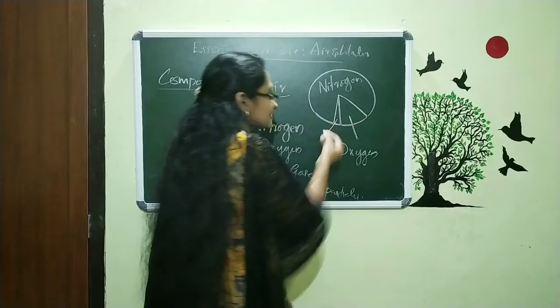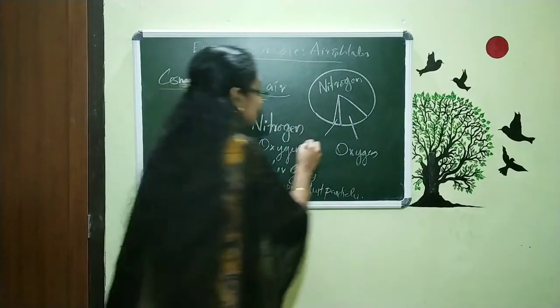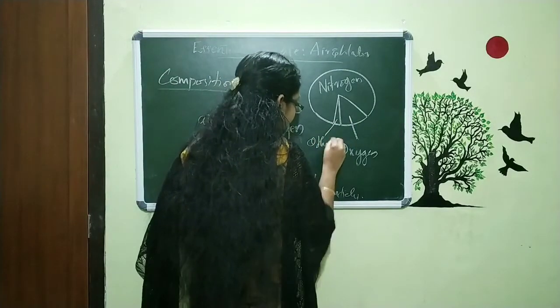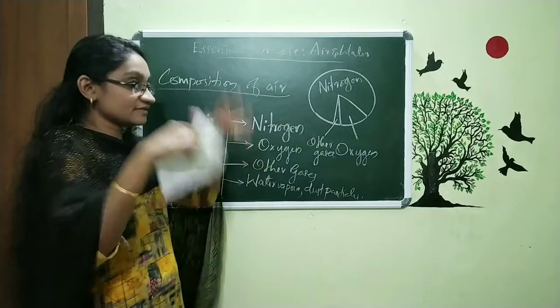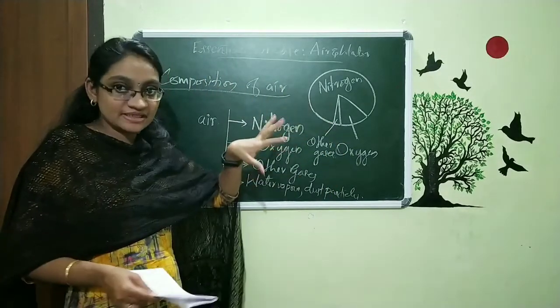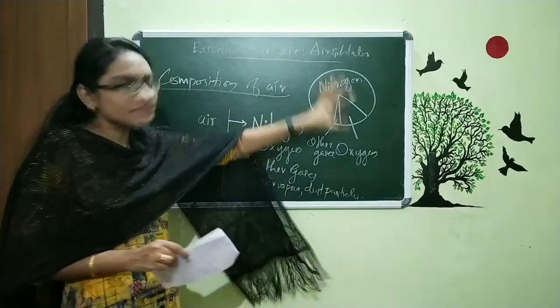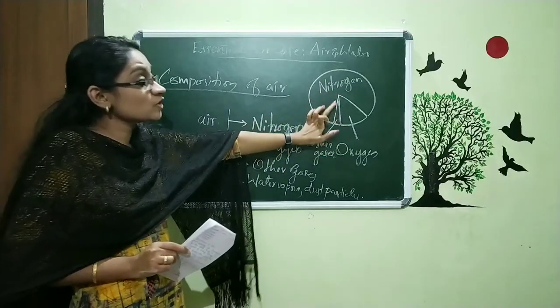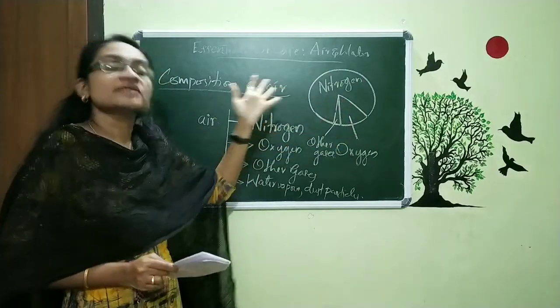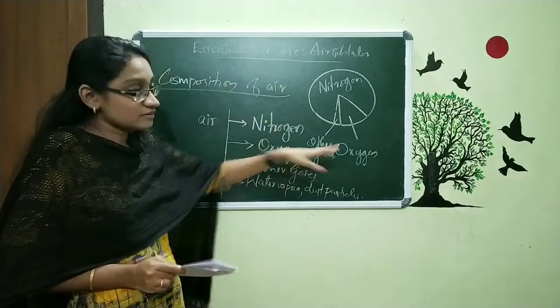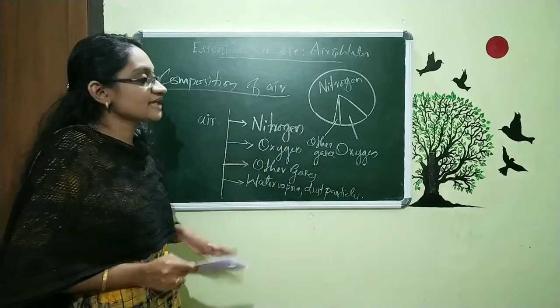And here you can see a small region, that is our other gases. So the thing is this, this is not the earth, we are just representing this in a diagram. And so most of the gas present in our air is what? Nitrogen. And then oxygen is there and also other gases are there.